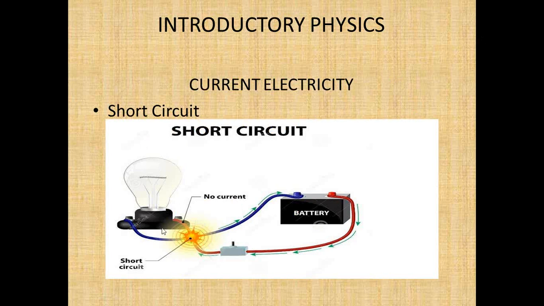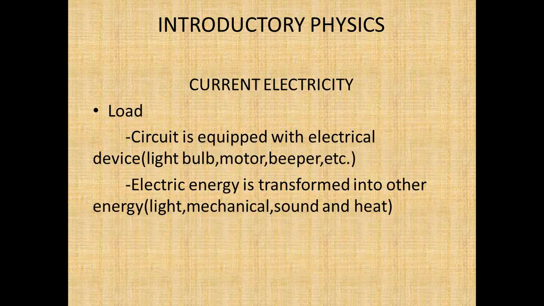This is the normal load, the light bulb. But if there's a short circuit and you complete the circuit by connecting the positive terminal to the negative terminal without the load, then the wires can get very, very hot. You drain the battery very rapidly, and it can cause a fire. Short circuit.